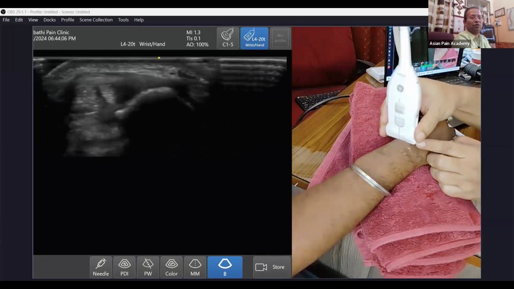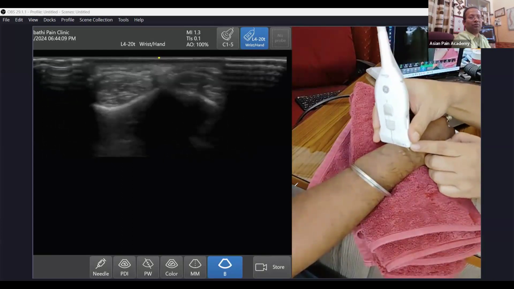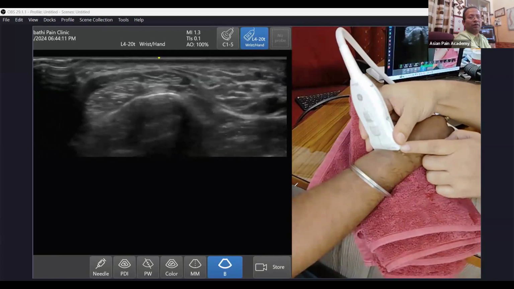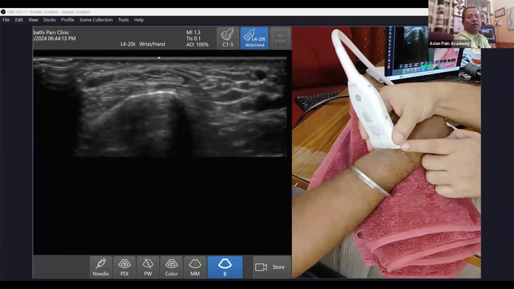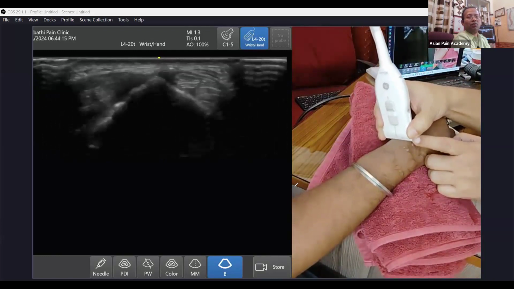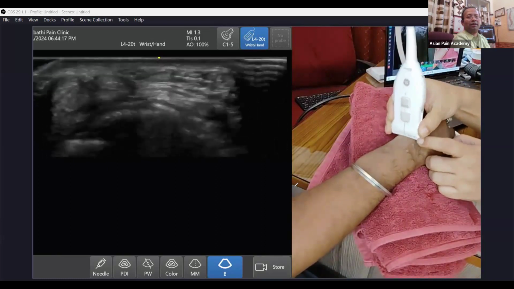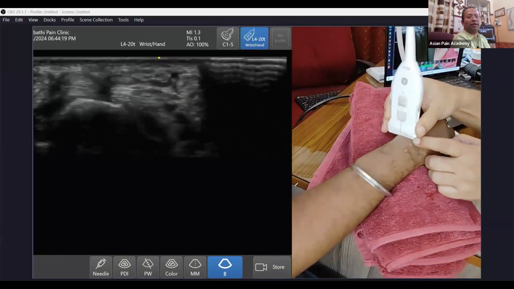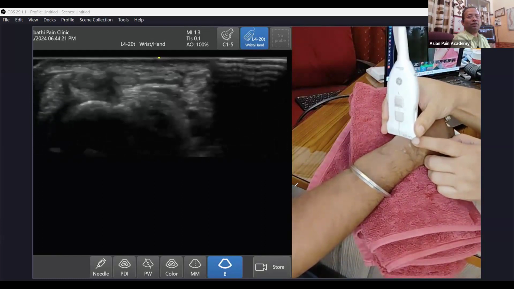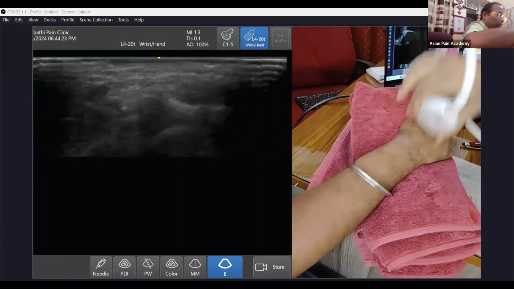Continuous tracing is sometimes not possible. Here it has come out, and again it will go above the tendon, and it has come out just under the yellow mark. So this is the superficial radial.